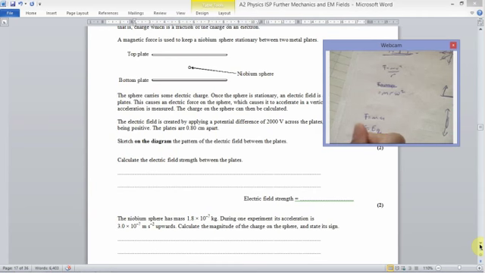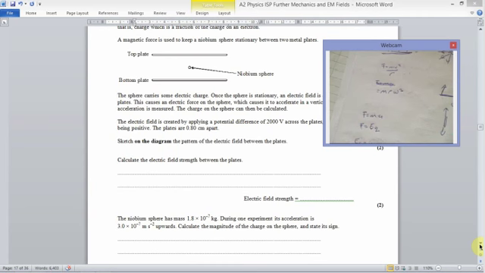So EQ is equal to ma. We've got m and a, and we've got E, and they want Q. So Q is equal to ma over E. Remember the E is that 250,000 value that we had from before.